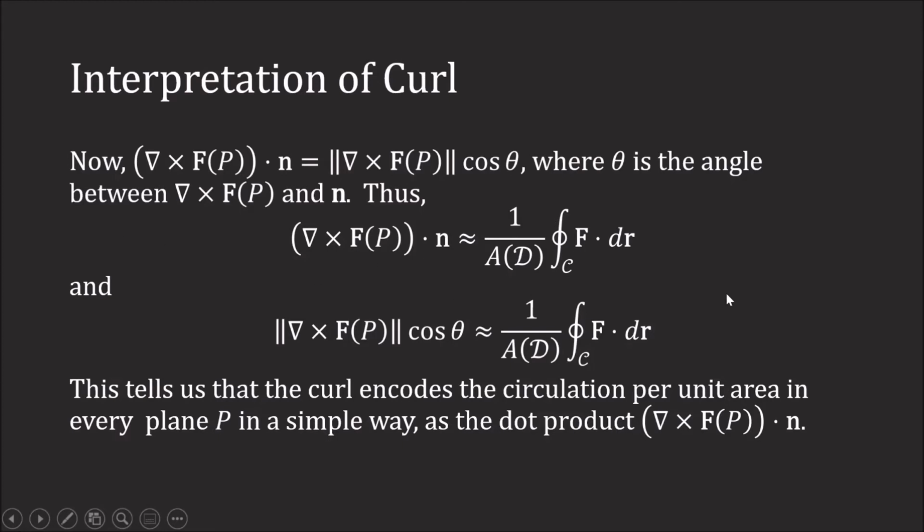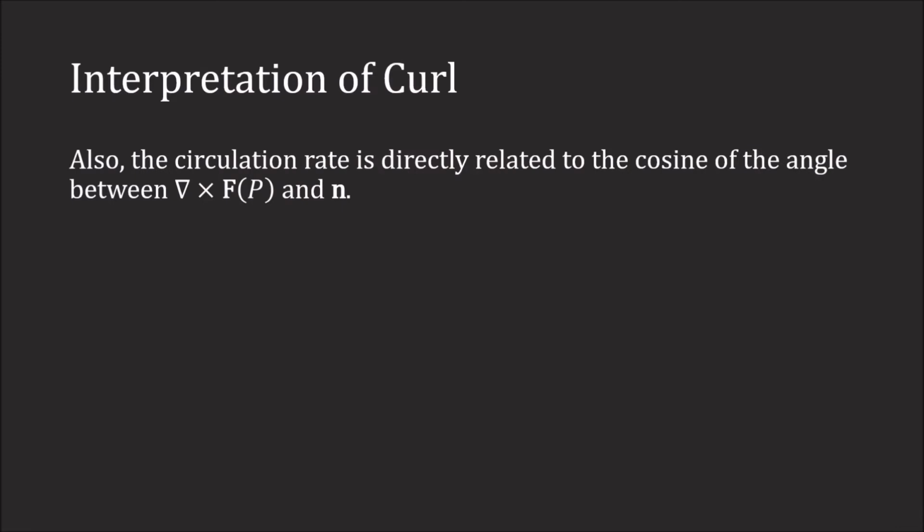So that's what this first statement was telling us. Now, the second statement tells us that the circulation rate is directly related to the cosine of the angle between the curl and that unit normal vector.